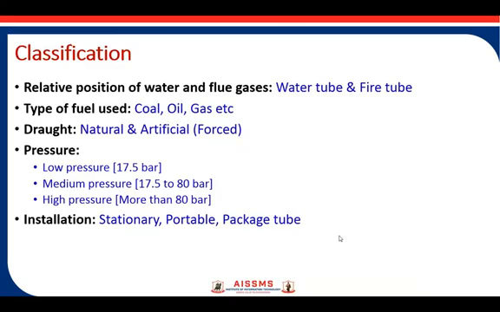Then it depends upon the pressure of steam generated. It is classified as low pressure boilers, medium pressure boilers and high pressure boilers. With the help of the low pressure boiler, we can generate steam up to 17.5 bar. Medium pressure boilers can generate steam from 17.5 to 80 bar pressure.